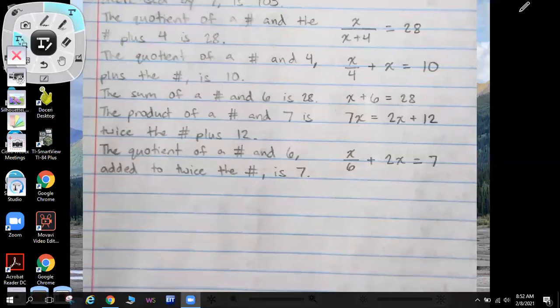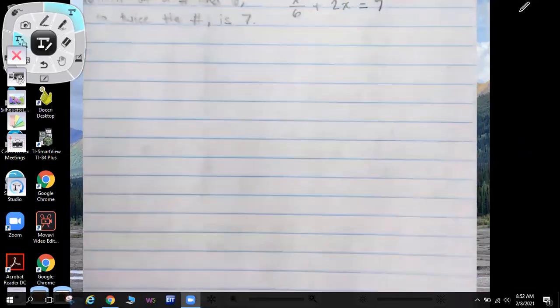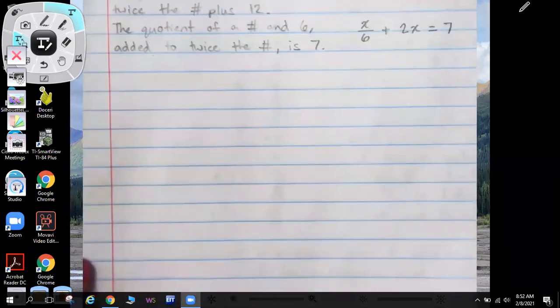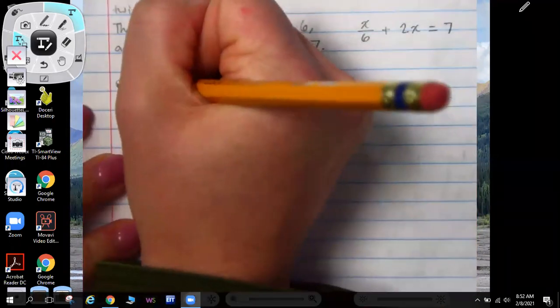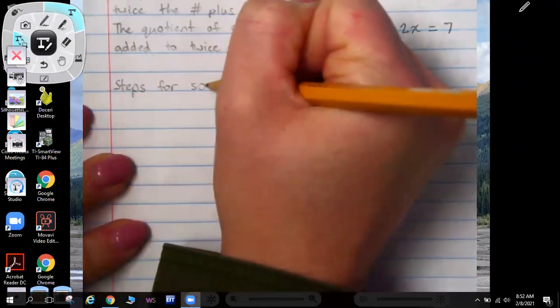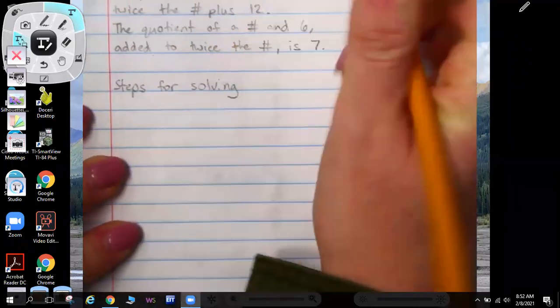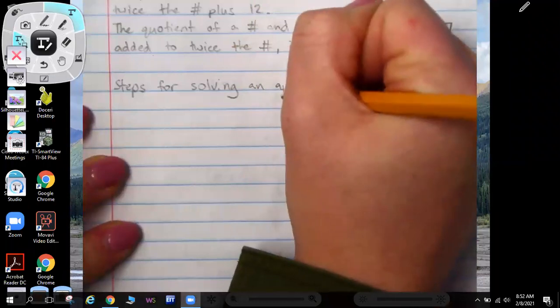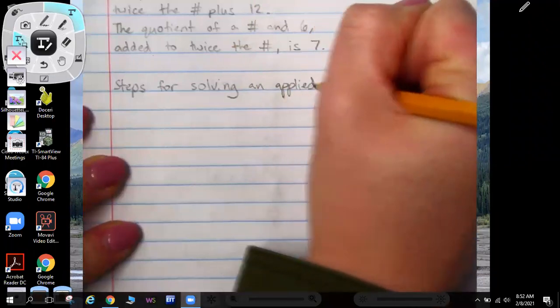I'm going to paraphrase these steps just because we've already written quite a bit today. Steps for solving an applied problem.